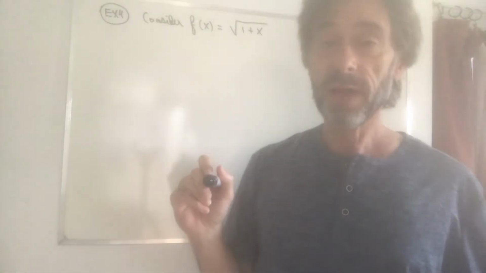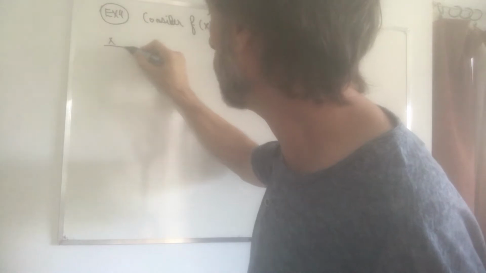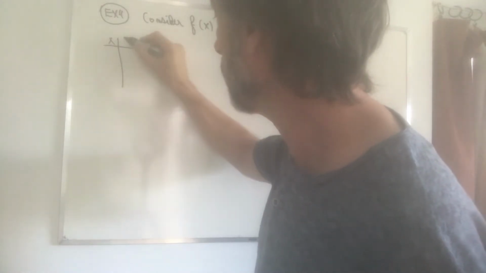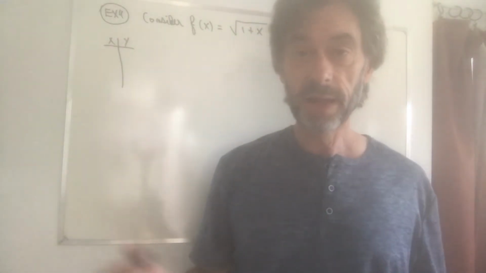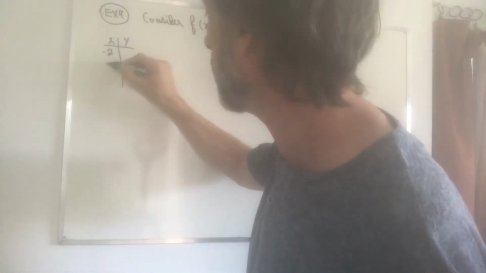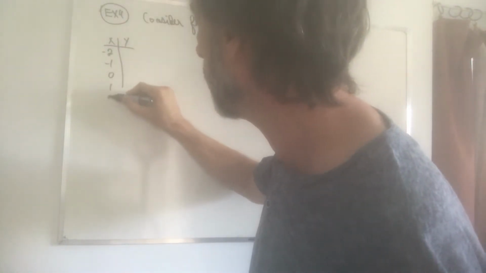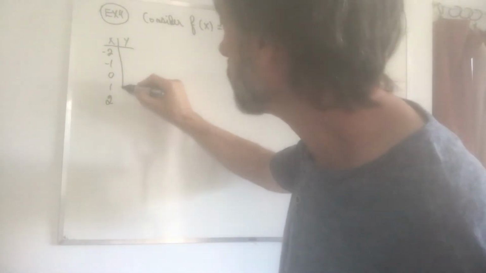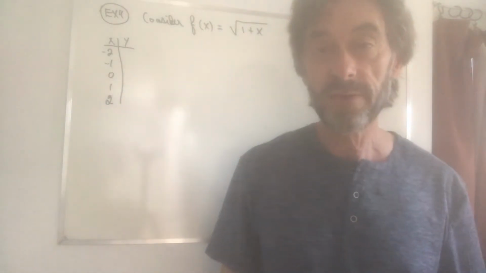The graph of this we have actually looked at before in high school. We can revisit it now by taking a couple of values. For example, let's say -2, -1, 0, 1, 2. So this is one way to sketch the graph of a function.